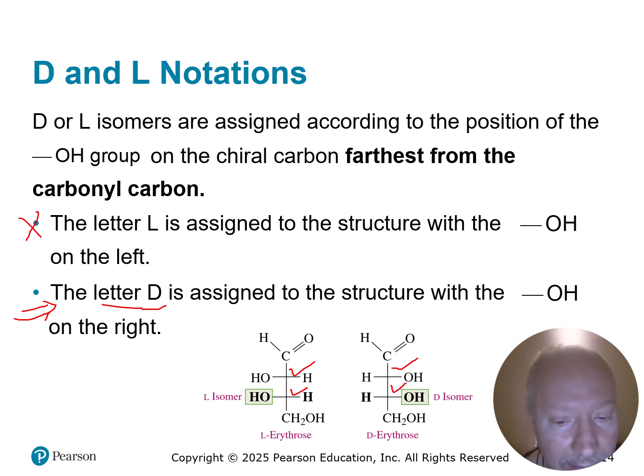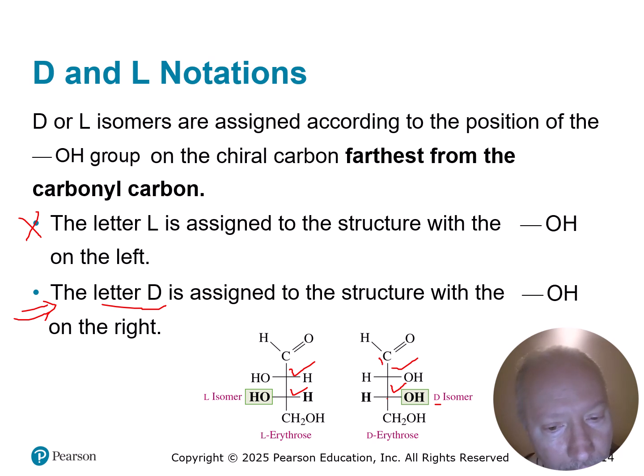But the D, let's look at the one on our right-hand side where the hydroxyl's on the right-hand side. This is the carbon of interest. This one is not giving the name. We need the chiral carbon the farthest from the carbonyl carbon, and that's not this one because it's closer to the carbonyl carbon than this one. This one is farthest away, right?